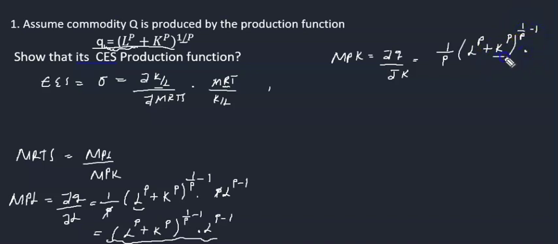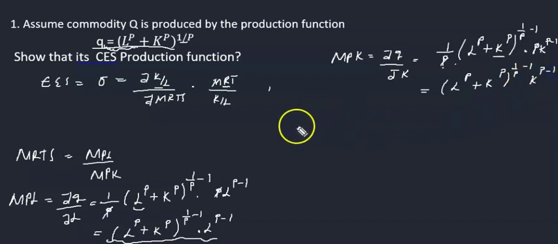Then we differentiate K this time around, because we're differentiating with respect to K. So we drop the power, then it will be K^(P minus 1) like that. You can also see that P is cancelling, because this P is dividing everything here. So we remain with (L^P plus K^P)^(1 over P minus 1) and K^(P minus 1) like that.